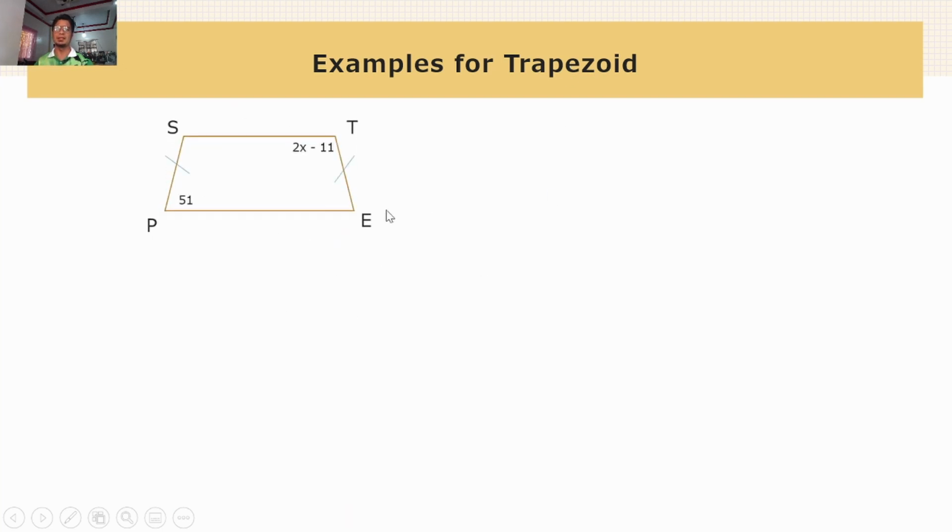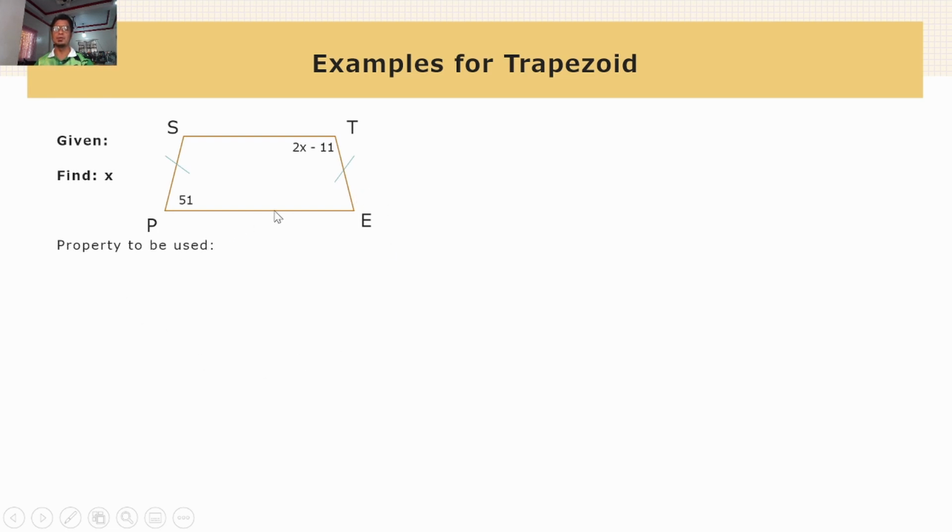So ito yung sample natin. Given ito. And we are looking for S. This is trapezoid step. And the given will be 51 degrees yung ating angle P. At yung angle T, 2x minus 11. If you notice, I have here now the markings on the legs, indicating that these two legs are equal. They have the same measurement.